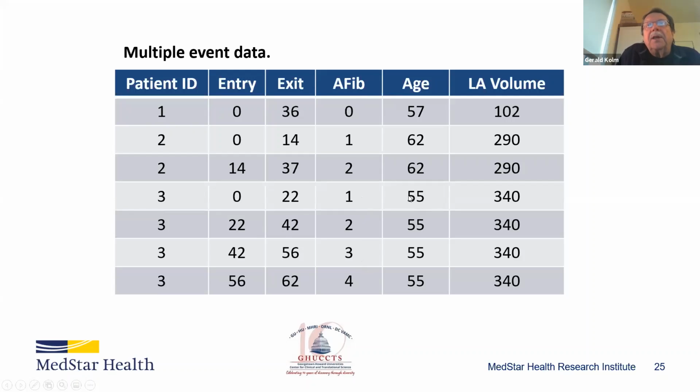And again, as you can see, the covariates in this case would remain the same. Obviously here, age is the age at entry. We could calculate this as age is a time varying event, but that sort of complicates the model.